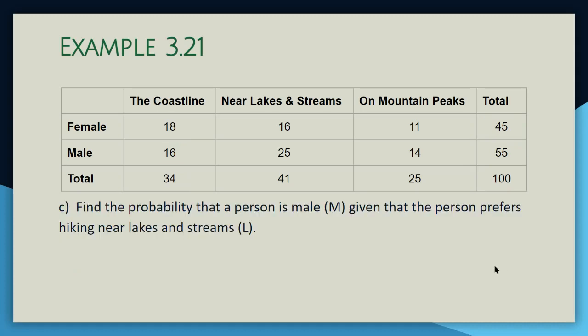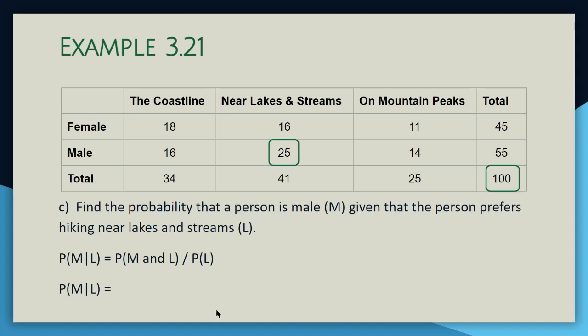Okay, the next one says find the probability that a person is male given that the person prefers hiking near lakes and streams. For conditional probabilities, P(male given lake or stream) is the probability of both male and lake or stream divided by the probability of lake or stream.